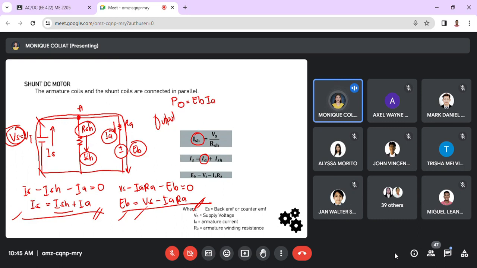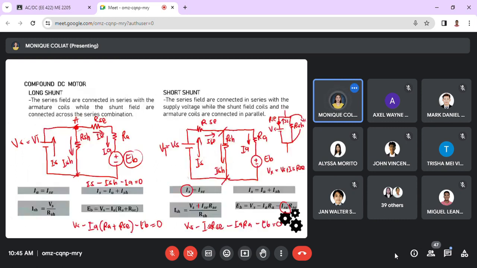Okay, next, we have the compound DC motor in long shunt and short shunt. Again, imagine nyo lang yung nung nag-generator pa tayo, then balik rin yung lahat. Okay? So, yung ating VT nasa harap na, and that is equivalent to Vs or source voltage.